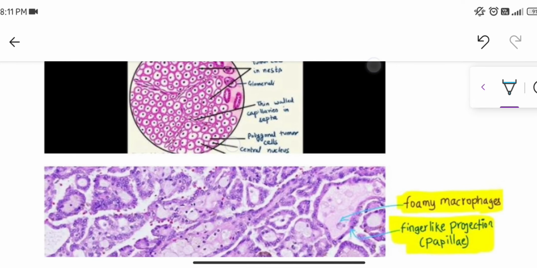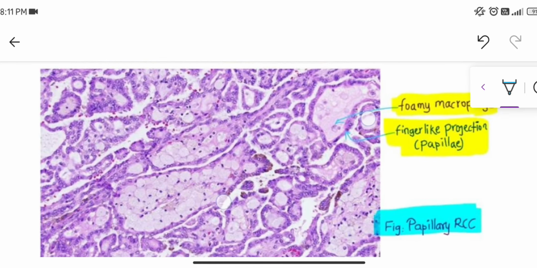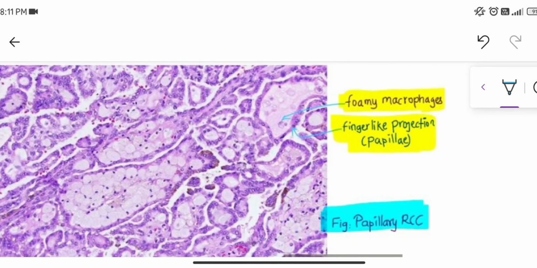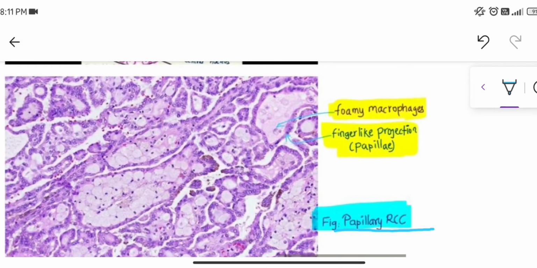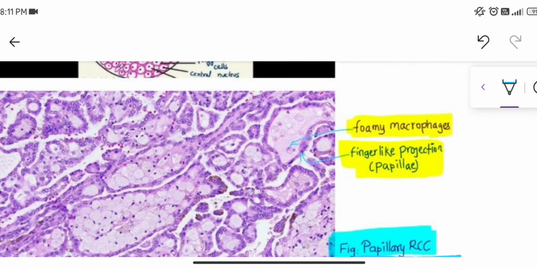Next one is papillary renal cell carcinoma. Papillary renal cell carcinoma is the second most common renal malignancy, and in this the tumors are arranged in the form of papilla. These papilla are lined internally by foamy macrophages.